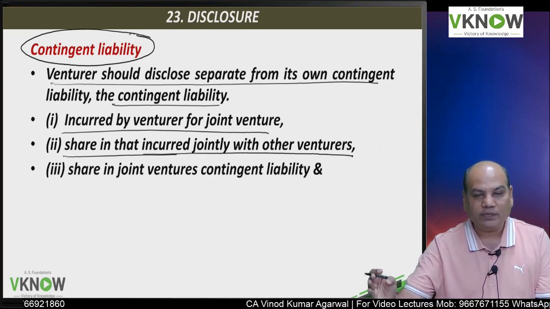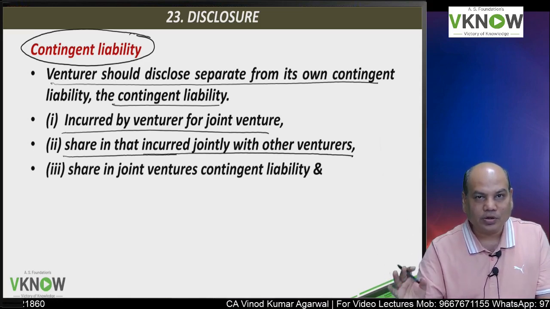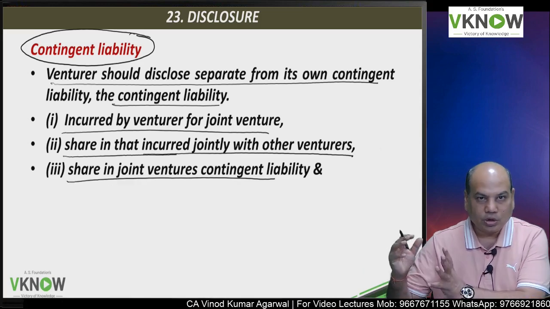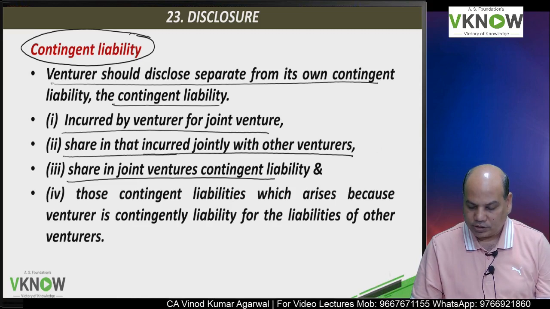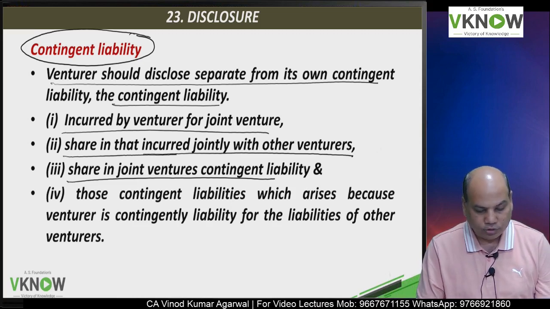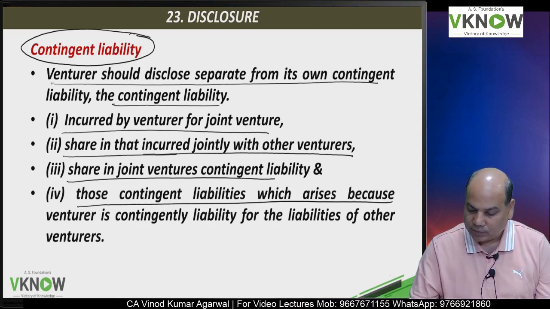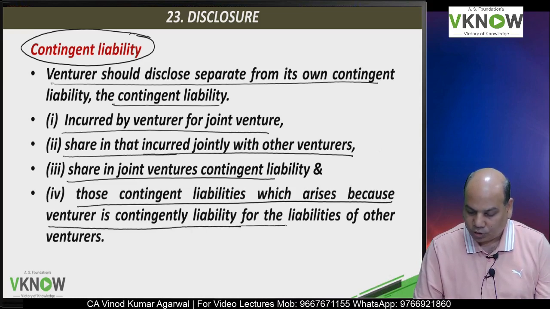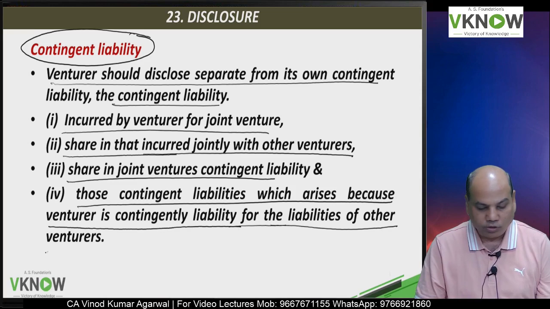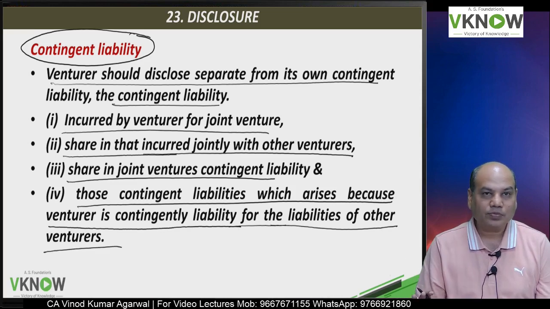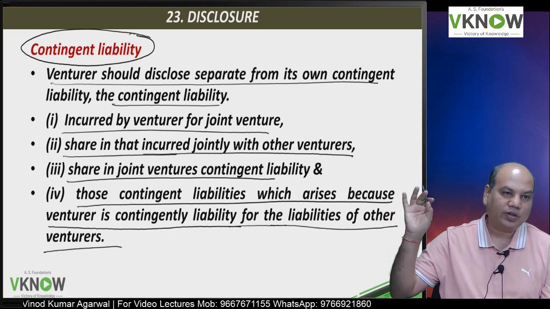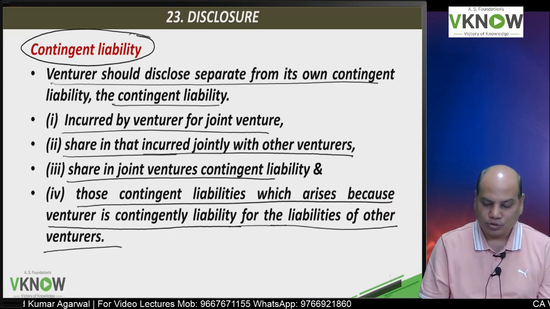If the joint venture entity also has a contingent liability, then your share in the contingent liability of the joint venture. And fourth, those contingent liability which arise because venturer is contingently liable for the liabilities of other venturer. So if you are liable for the liabilities of other co-venturer also, give disclosure of that.